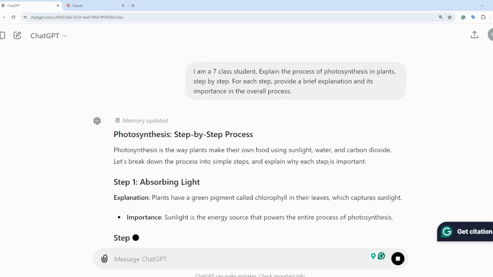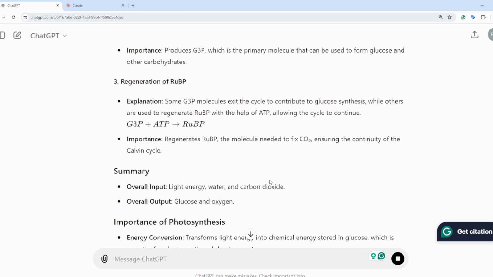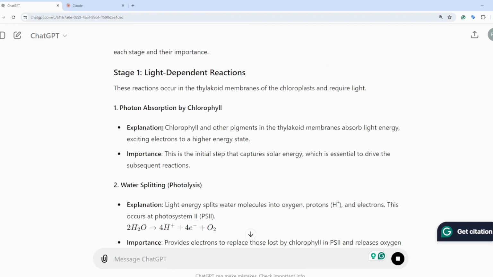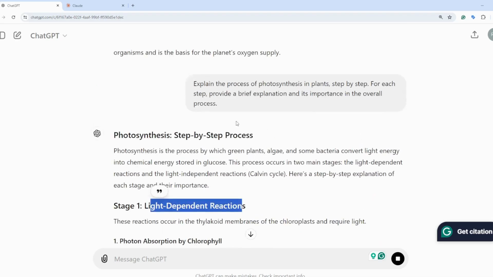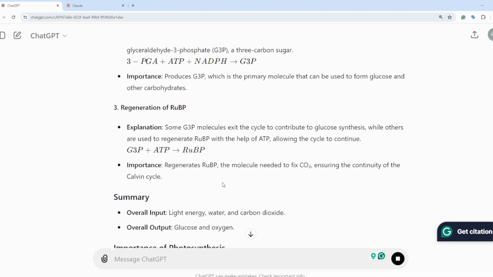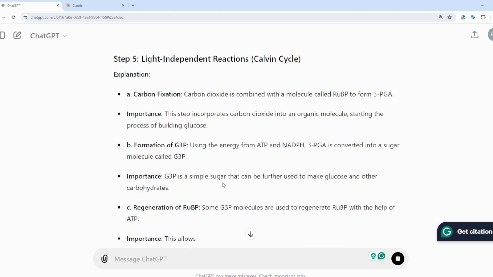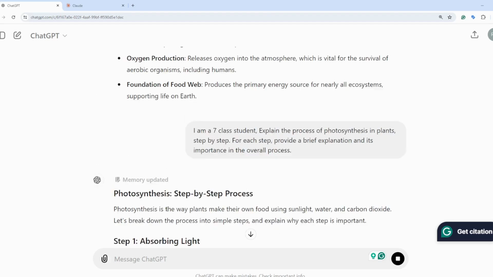All right, it started giving me the answers. Absorbing light, water intake, but here it's different. It started with light dependent reactions. Again, we did not tell what the audience is for this one, but here we have given the step by step process to a 7th class student.